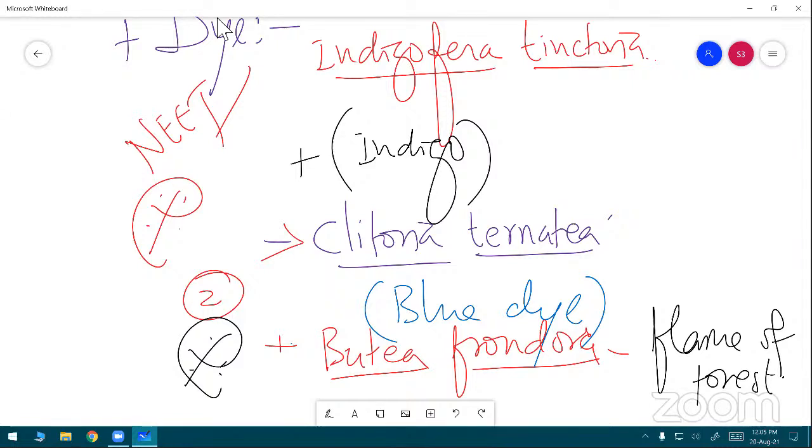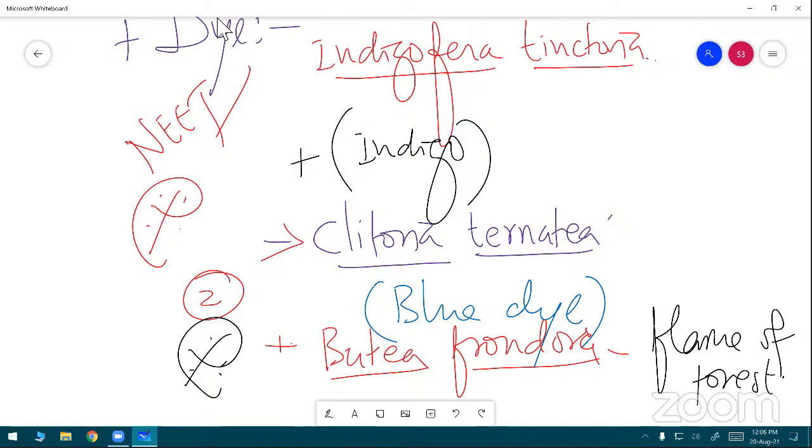It looks like a forest which is on fire. In midday, particularly during summer, due to the blooming of Butea frondosa in the forest, it seems like a forest fire.